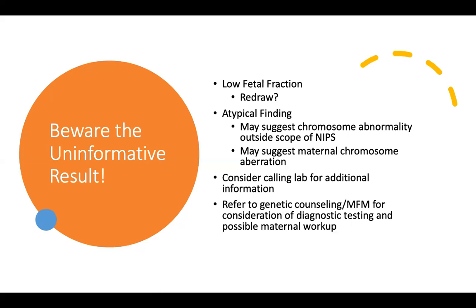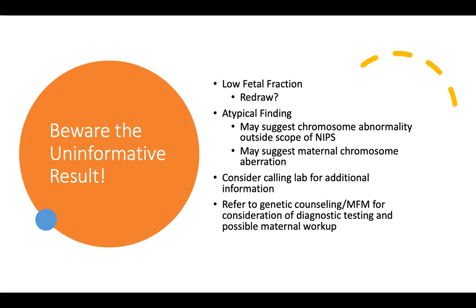If the patient does not have a high BMI and has a low fetal fraction, and doesn't have any maternal conditions, isn't taking Lovenox, and especially if she is at advanced maternal age, then offering prenatal diagnosis as the next step should be considered, and a redraw is probably not very appropriate in this setting. We know that low fetal fractions do have an association with fetal aneuploidy.